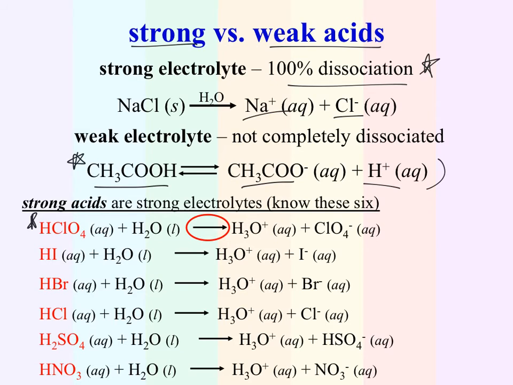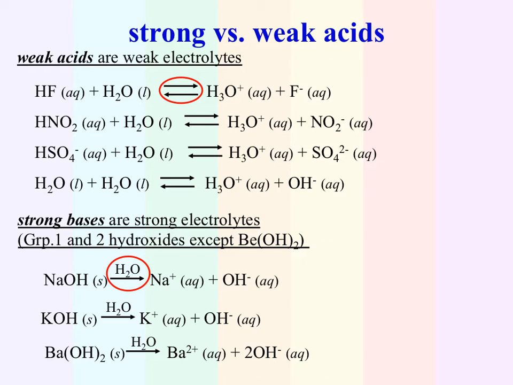So let's go ahead and look at weak acids. Remember we've talked about the behavior of weak electrolytes and how they don't completely ionize. Same thing for weak acids, they don't completely ionize. So you'll have some of your products in solution, but you'll still have a whole bunch of your acid present. In this situation, we usually use a double-sided arrow to indicate the presence of that weak acid.